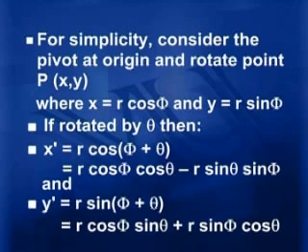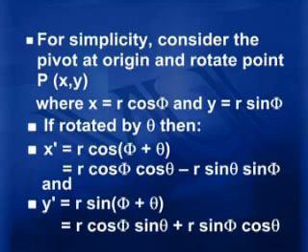So originally we know that xy can always be specified as x being r cos of phi and y being r sin of phi. Keeping that in mind, if we need to rotate the point by theta, then that would mean that x dash could be expressed as r cos of phi plus theta, which can be expanded as r cos of phi cos of theta minus r sin of phi sin of theta.